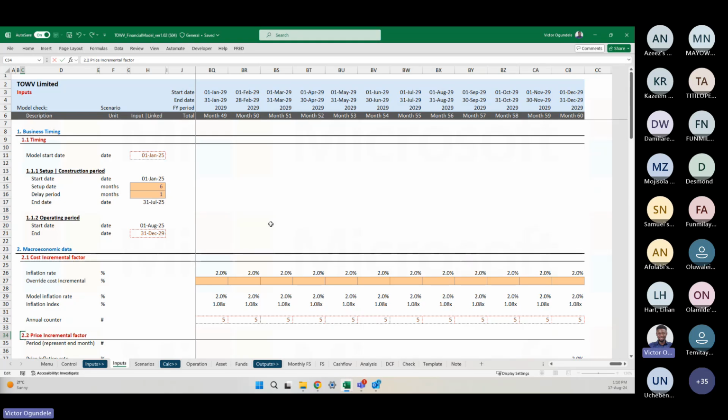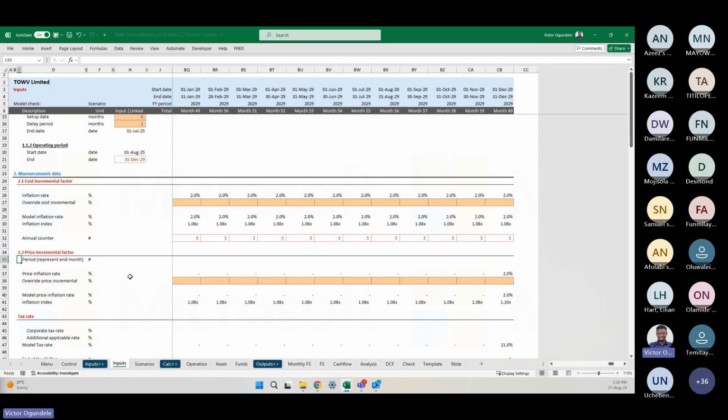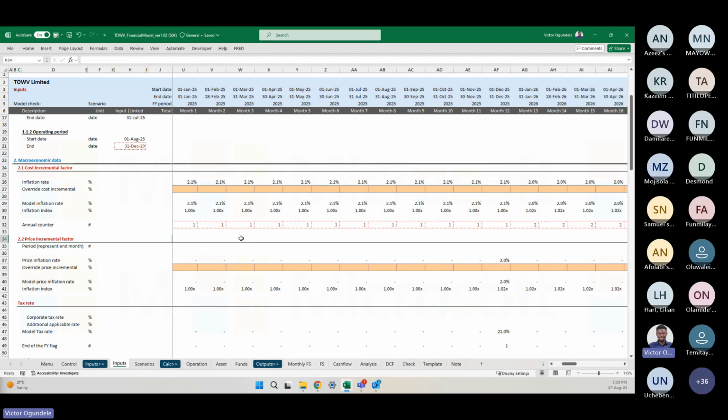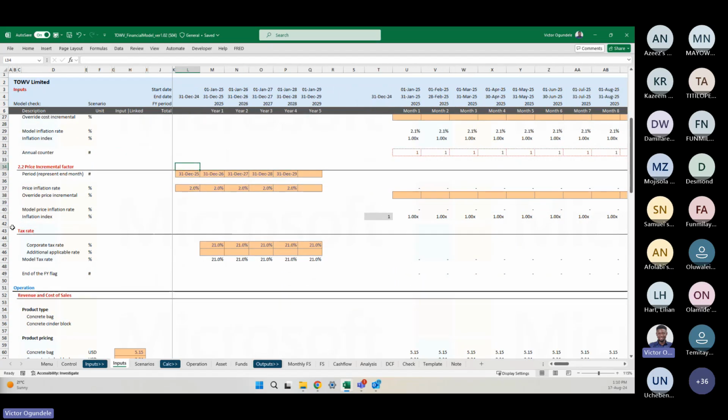So 2.2, and it should just make it easier for anyone looking through the model to be able to know that, oh, this one is under this section, that one is under that section, right? And this is just 2.3 like that. Then our operation becomes bullet 3.